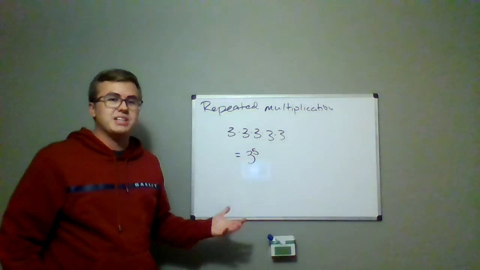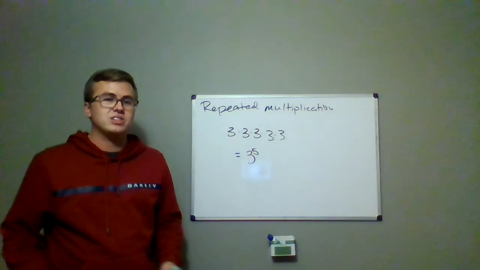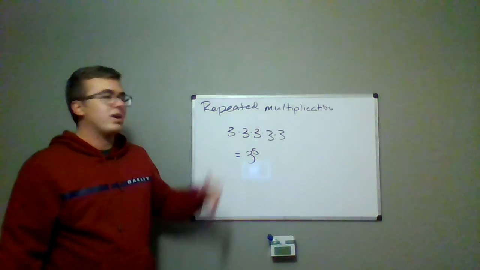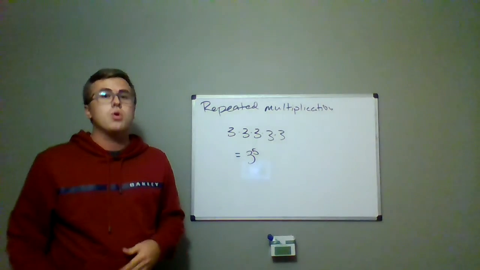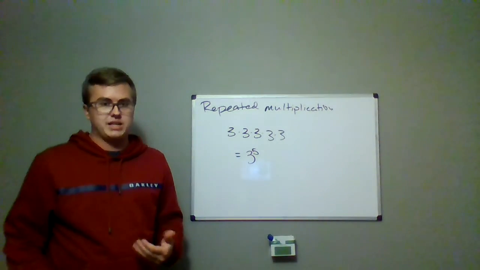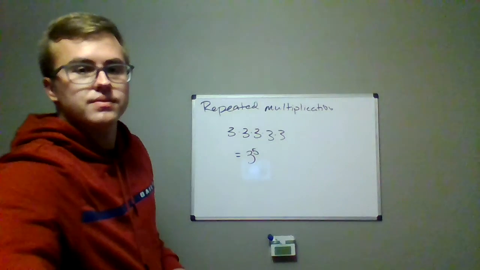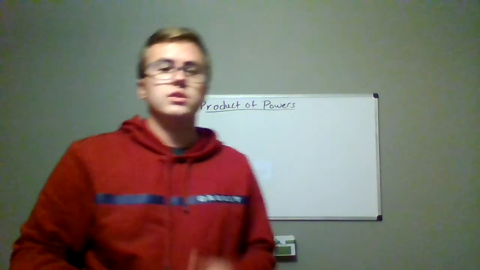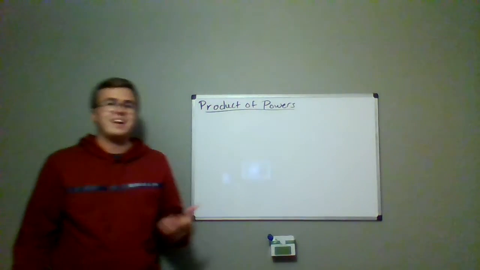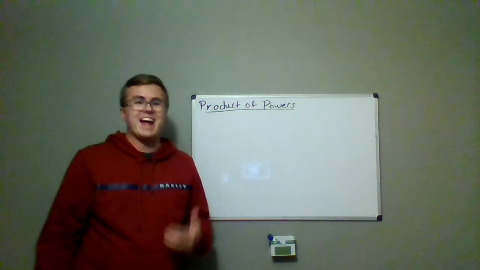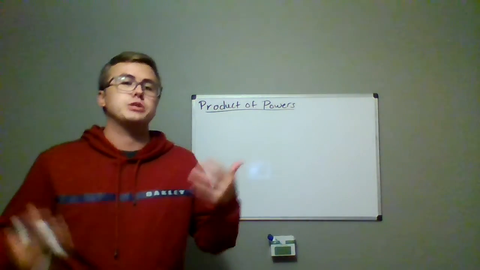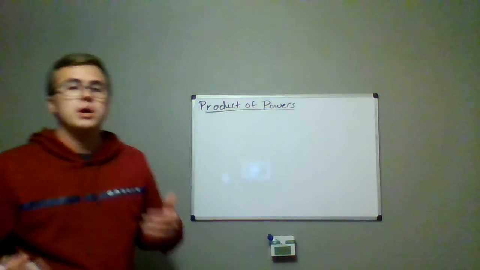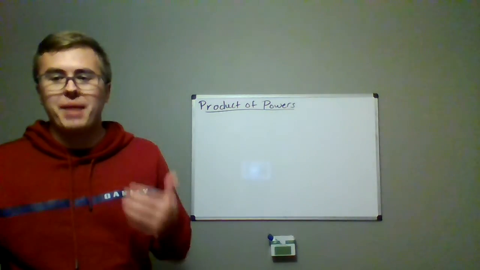Now, just like we looked at patterns there, we're going to look at patterns that come up when we are multiplying and when we're using different properties or different rules of exponents. So make sure that you are writing down all of these rules as we are going through them. The first pattern that we're going to look at is called product of powers.